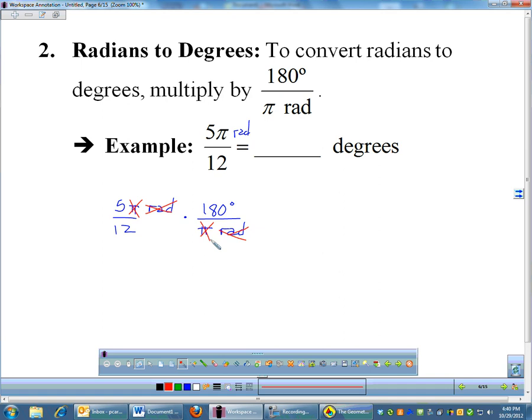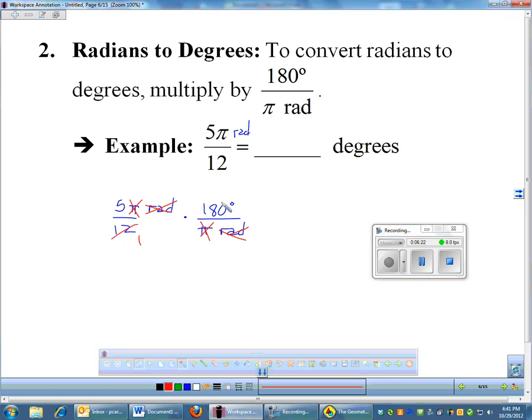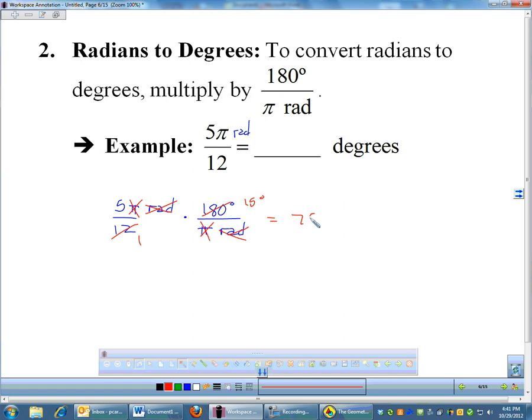And while I'm at it, 12 goes into 180 degrees 15 times. Sorry, brain fart. So 15 degrees. And after all that crazy canceling, 5 times 15 is 75. Everything on bottom canceled, and we're left with 75 degrees.